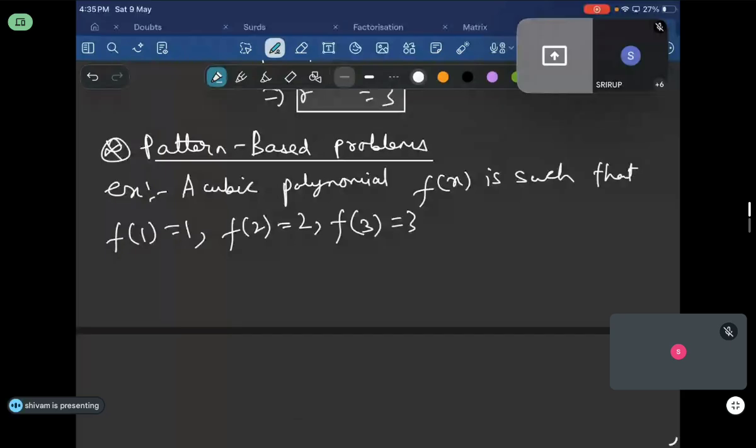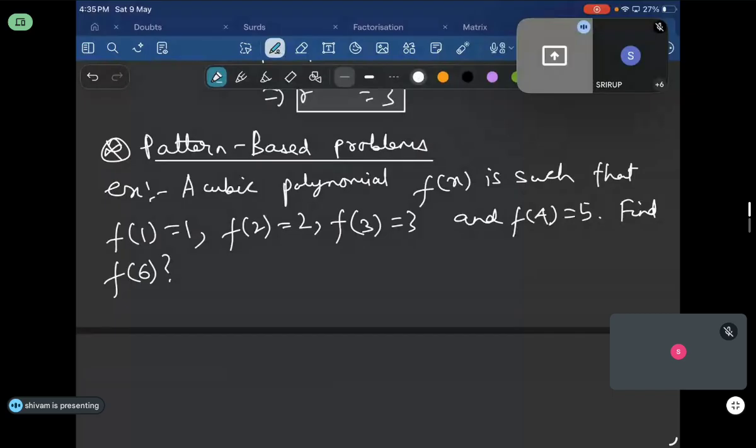f of 1 equal to 1, f of 2 equal to 2, f of 3 equal to 3, f of 4 is equal to 5, and you need to find out f of 6. Okay, everyone, what is the pattern over here? There are three particular equations which are following a pattern.